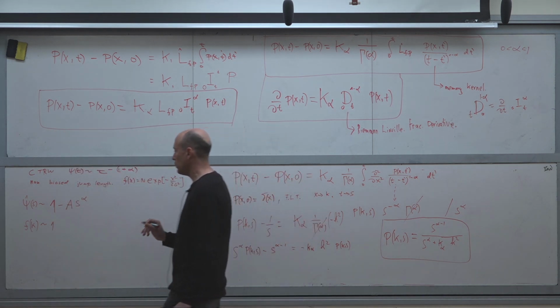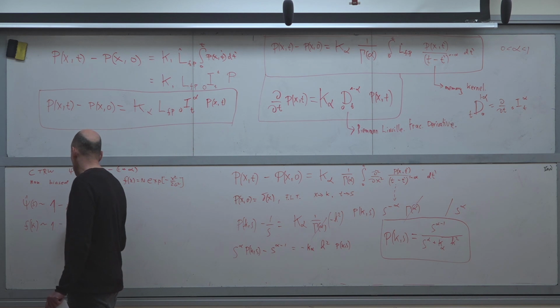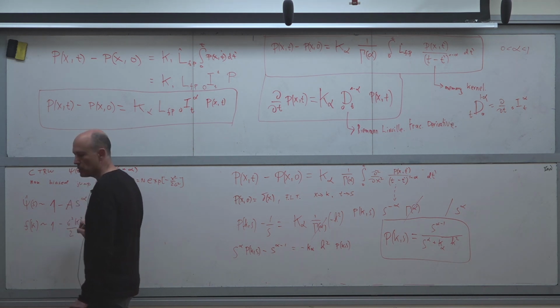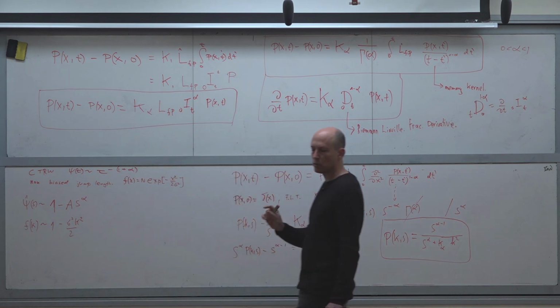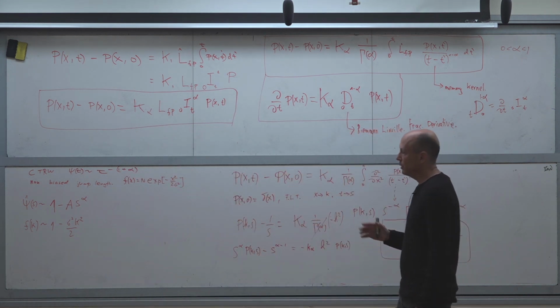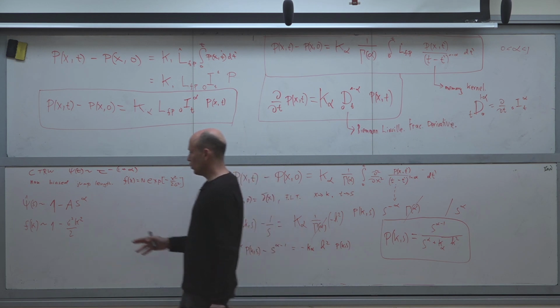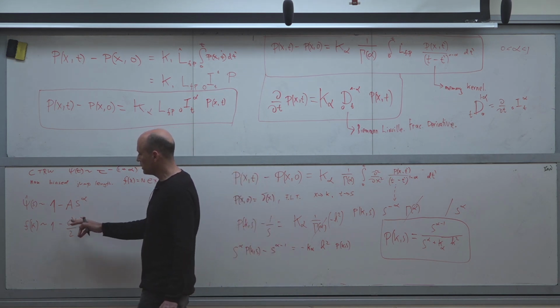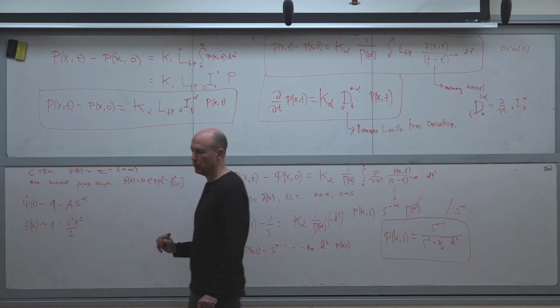After you wait, you jump. And this is given by 1 minus sigma squared k squared over 2. And what is this sigma squared? Sigma squared is the variance of the microscopic jumps. So we have here two parameters, A and sigma, and then we also have alpha, of course.